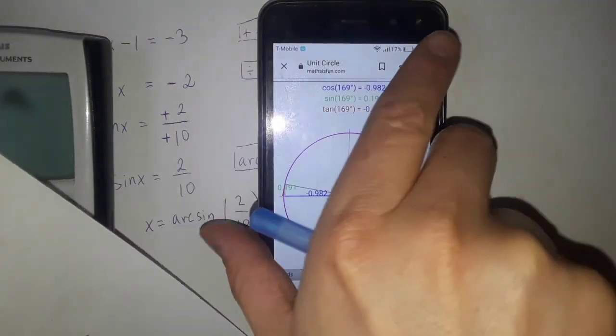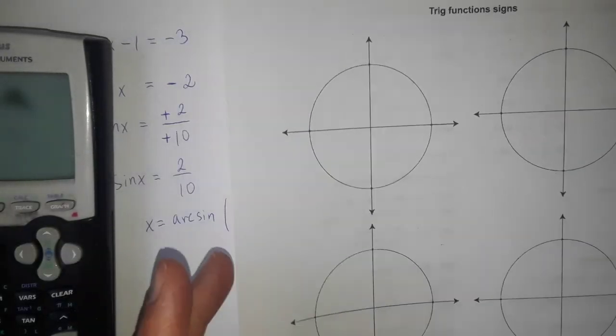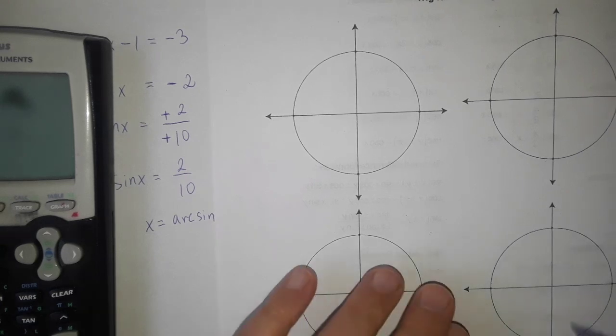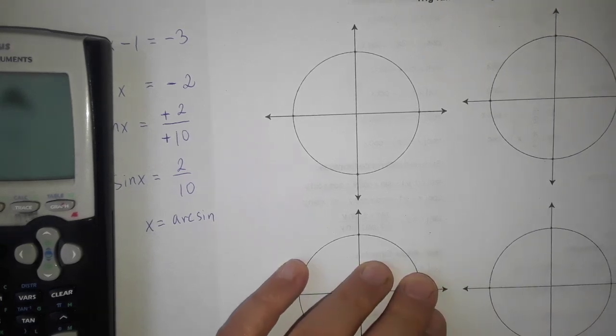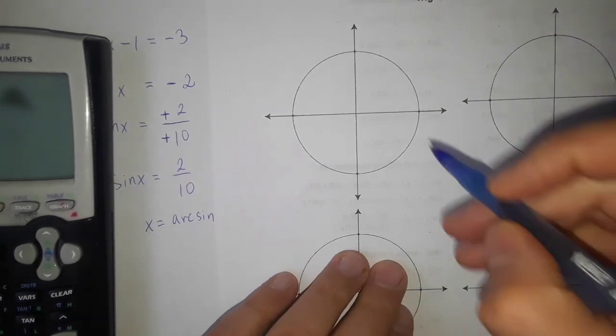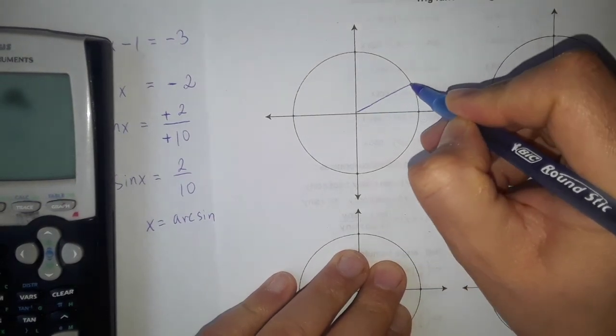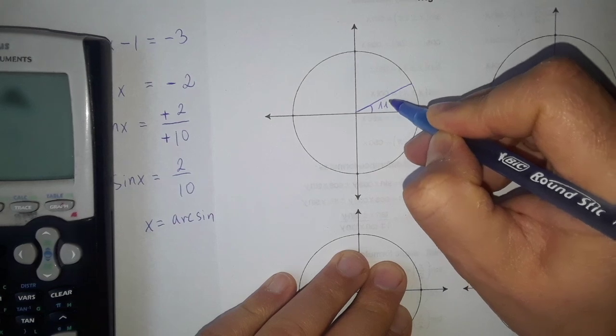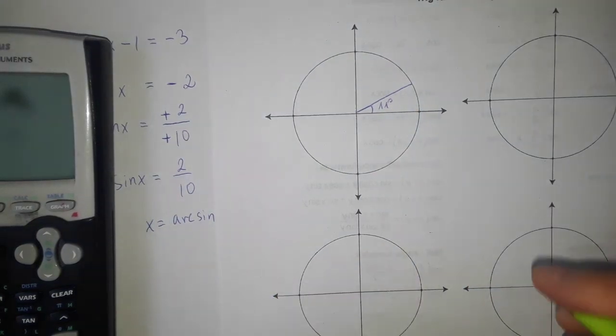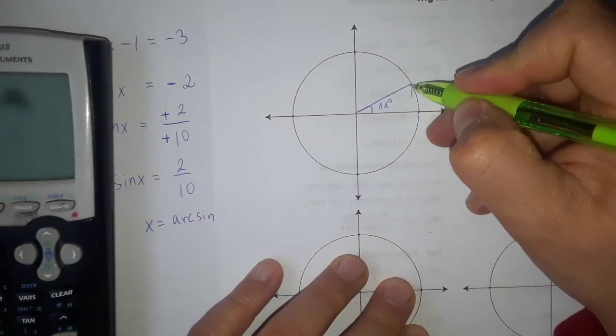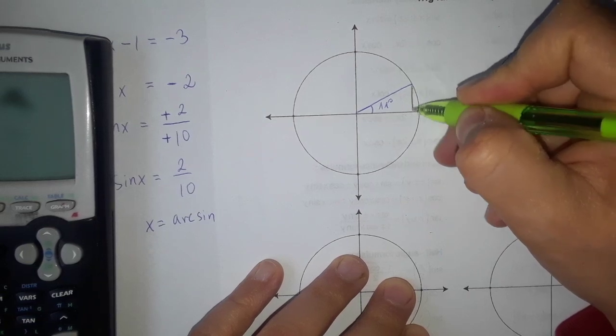Let's think a little bit, okay? So, as we said before, we have here an angle of 11 degrees, right? The sine is vertical.